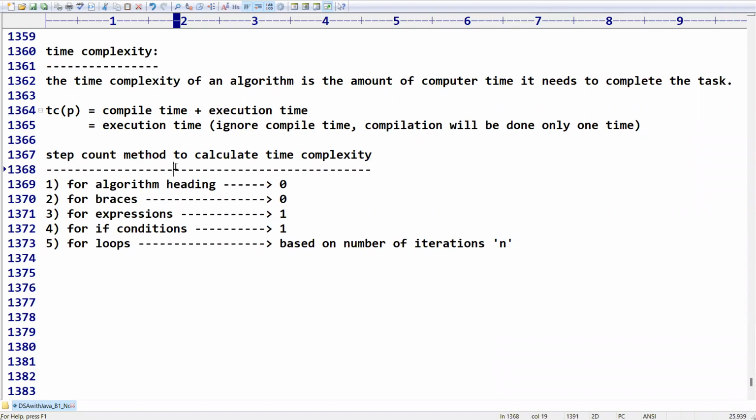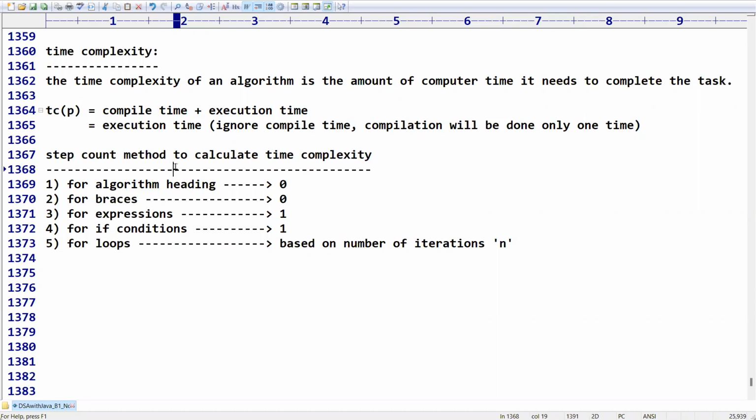I don't include the construction period. Are you getting the difference? So compilation time is different, execution time is different, but in our point of view both are important. But once the product is ready, other people will see only the execution time. They don't look at how much time you took to prepare the product.